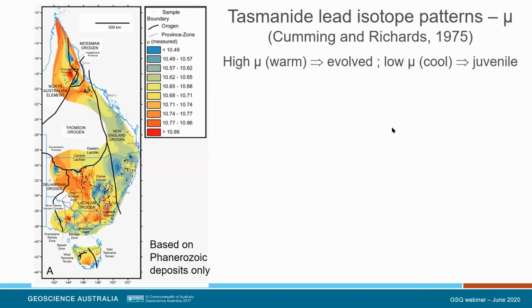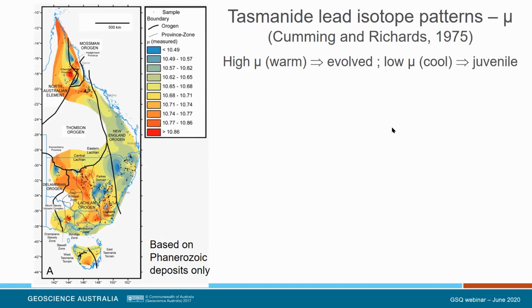So now we're going to move on and look at things spatially. And so we're going to concentrate mostly on the east coast of Australia. And this diagram just shows you, in effect, the Tasmanides, going from Tasmania all the way up to the tip of Cape York. And what we're looking at is the mu. Okay, that's the 238 uranium on 204 lead.